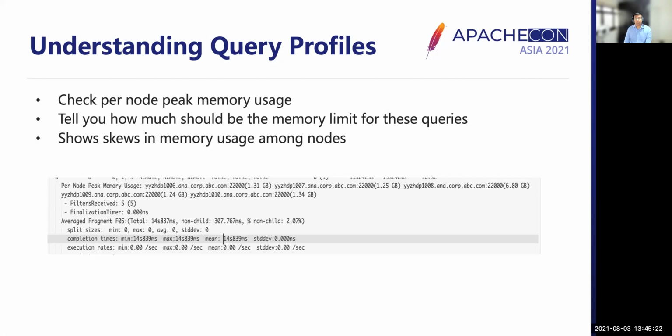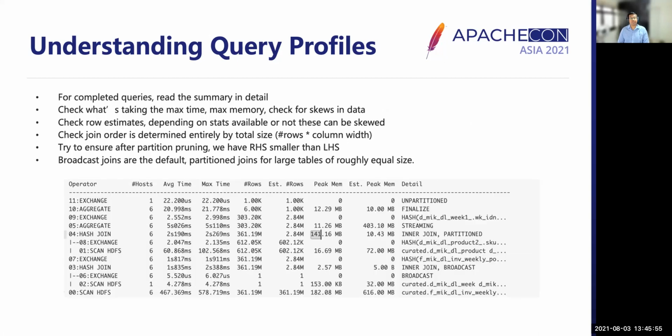It could be a join skew, that you have a lot of rows that have a value of, let's say, customer ID equal to 1, causing all of them to go to that particular node, requiring a lot more memory. It could be an aggregation skew, where post aggregating, once again, there are a lot of rows with some value, and all of the rows with those values are aggregated on that particular node. So skews are important. Check if your data is skewed and what you can do about it.